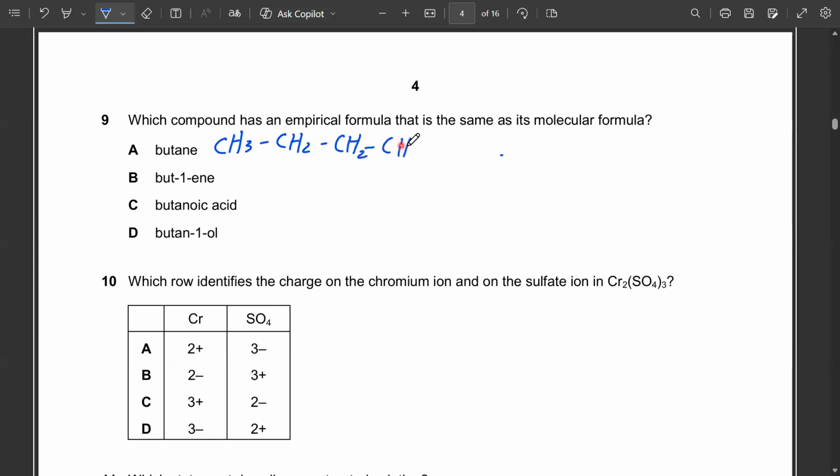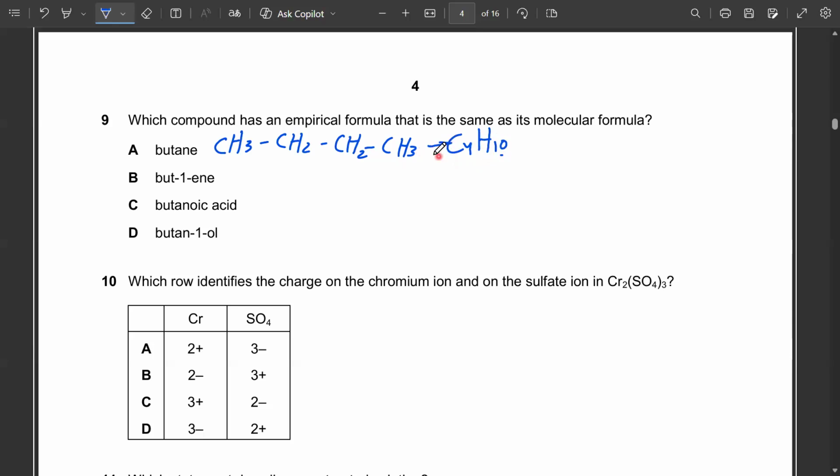This is the structural formula of butane. We now find the molecular formula from this structure. That means it will be C4 and H10. C4H10 is a molecular formula.